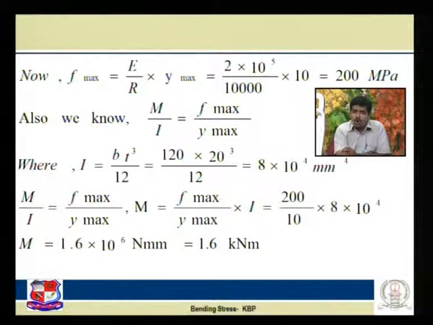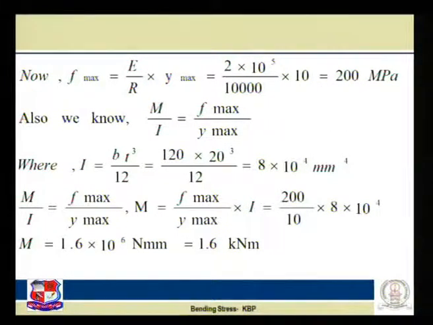By putting in all the values of I, Y and F, using the simple equation M over I is equal to F over Y, we got the value of M as 1.6 kilonewton into meter. Please check this answer with the help of your calculator.